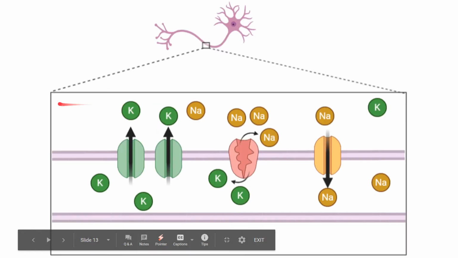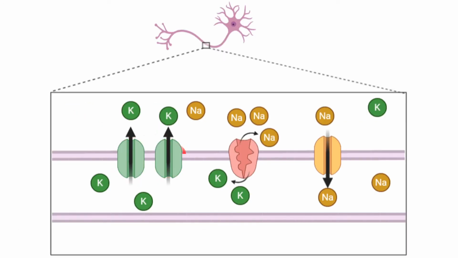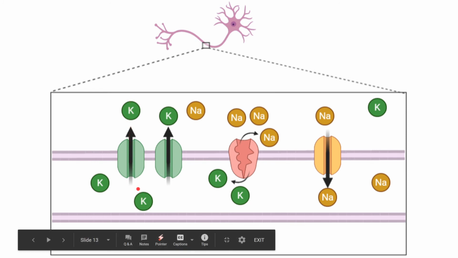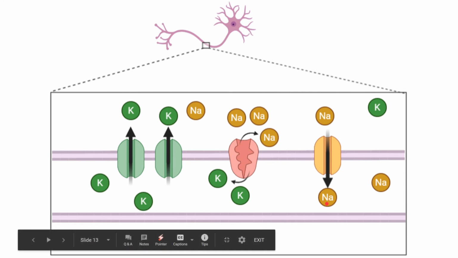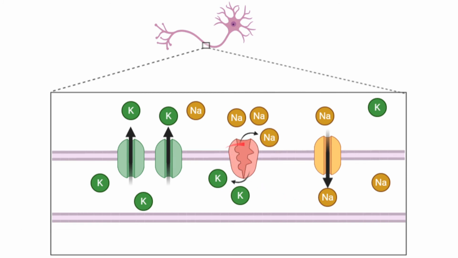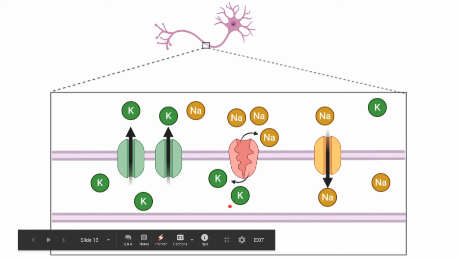So if we look at it all together, here's our ion channels where potassium flows out. Here's our sodium channel where sodium flows in. And here's our sodium-potassium pump, which is forcing sodium out and forcing potassium back in.